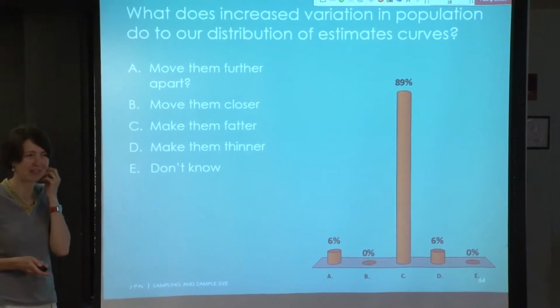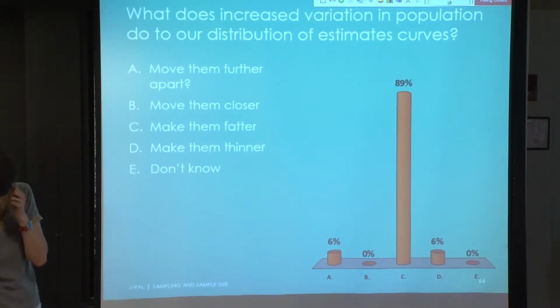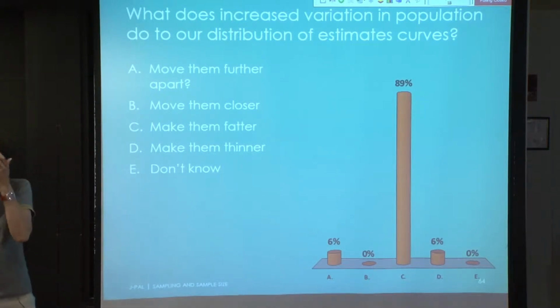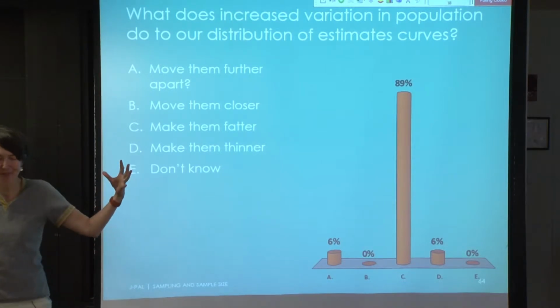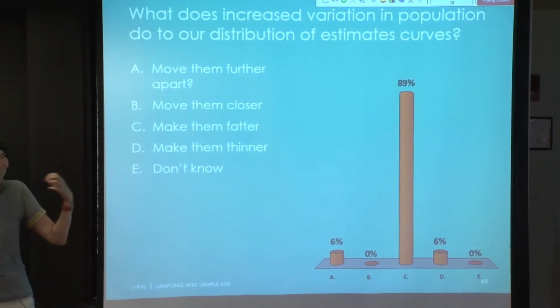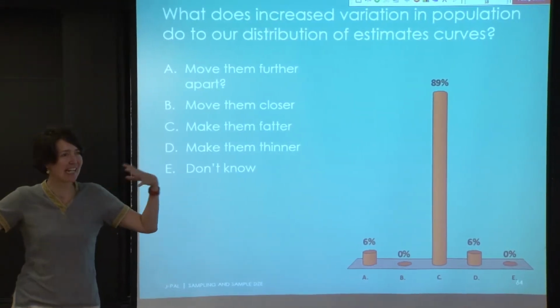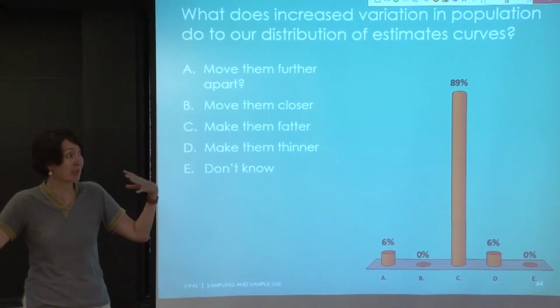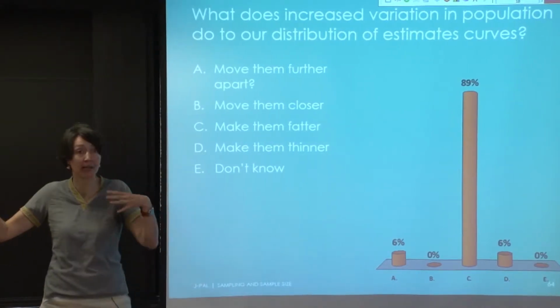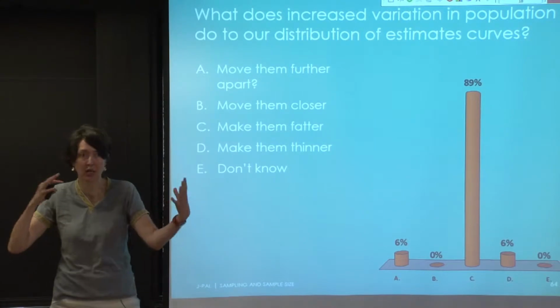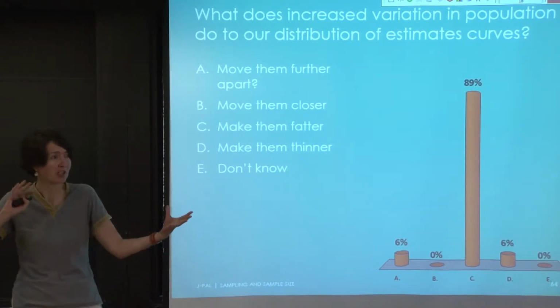Yes, it will make them thinner. No, increased variation, it will make them fatter, yes. If you've got more variation, you could easily get a different estimate a different time you run it, because you would get more kids of different kinds moving from treatment to control.